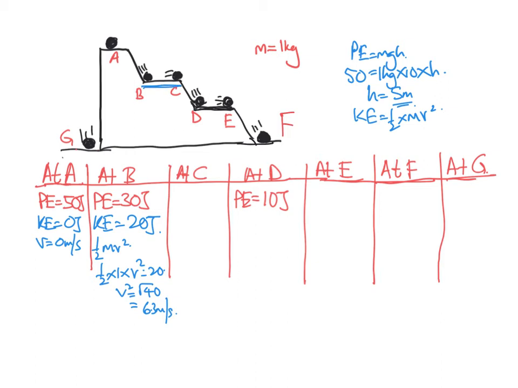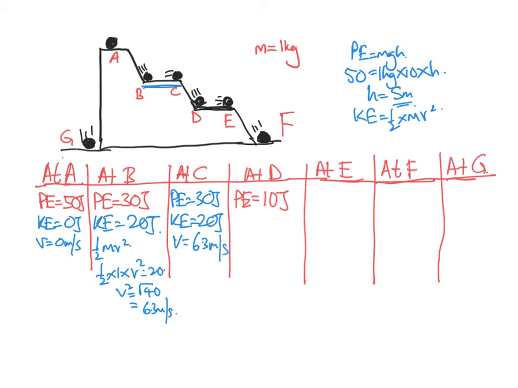Yes, since it's only moving horizontally, there's no change in height, so PE remains 30 joules and KE is 20 joules. Therefore v is also 6.3 meters per second.